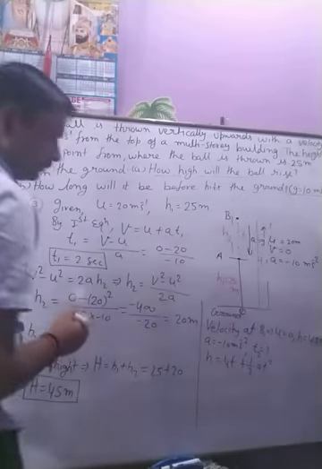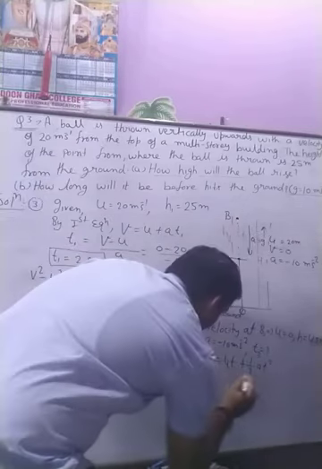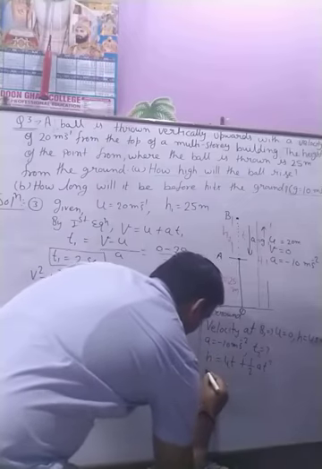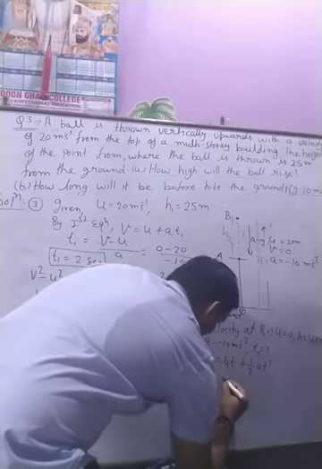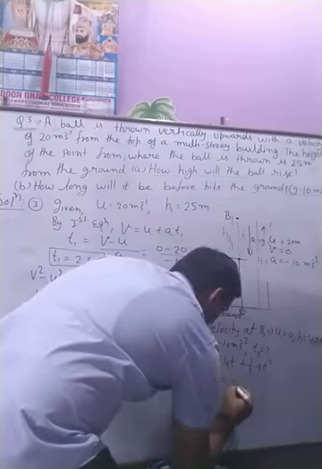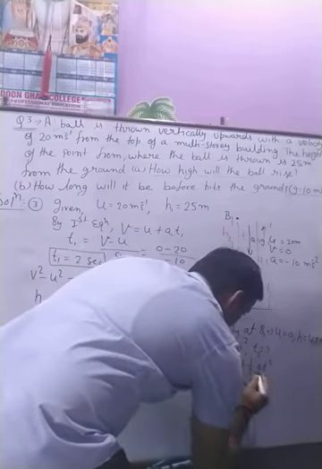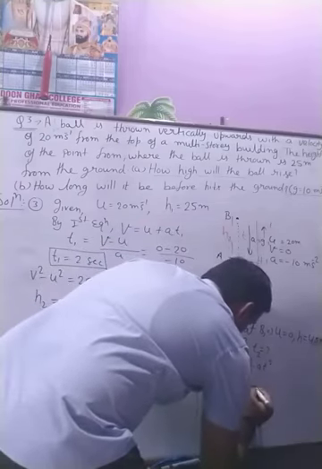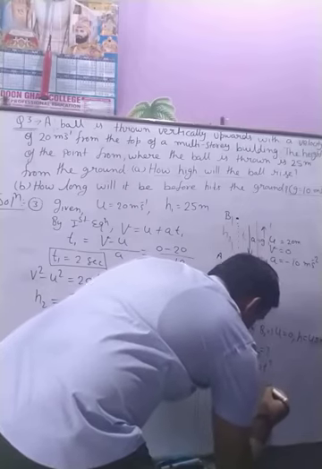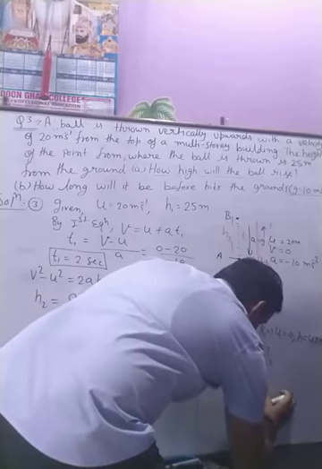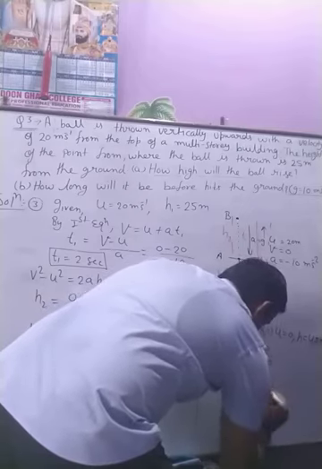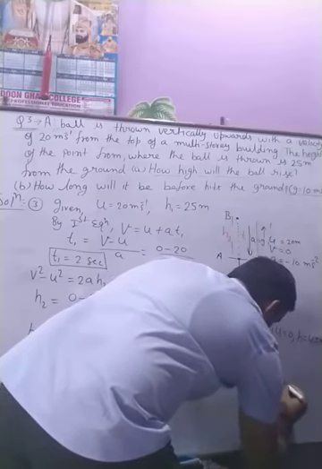Now this is 45, u is 0, plus 1 by 2 into minus 10 into t square.